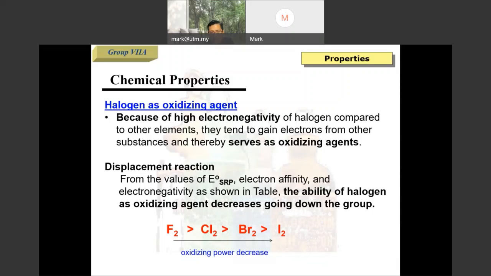The ability of halogens as oxidizing agents decreases going down the group. So fluorine has a stronger oxidizing power and can displace elements that are less reactive, and iodine is a much weaker oxidizing agent.